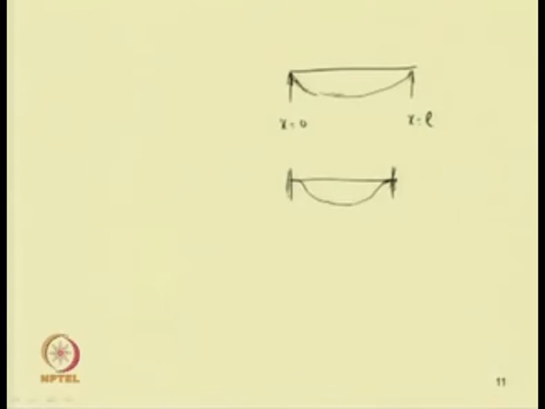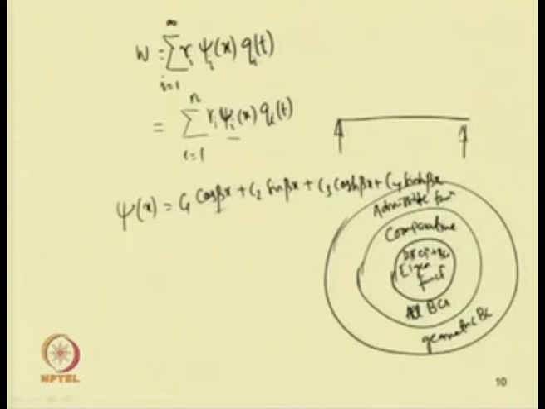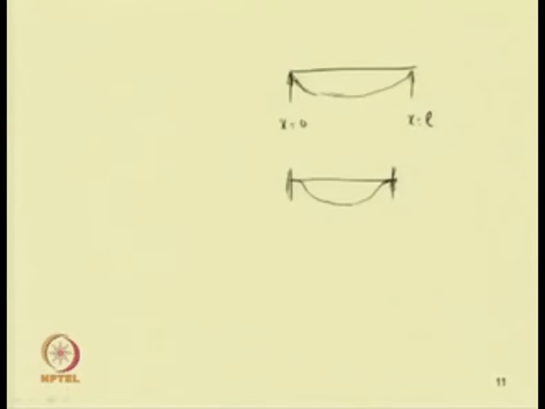So, both bending moment and displacement are 0 at both ends. This displacement is the geometric boundary condition and bending moment is the natural boundary condition or the force boundary condition. So, if one takes an admissible function, it will satisfy only that the displacement is 0 at both the ends. One may not take a function which will satisfy the bending moment equal to 0 at both the ends.